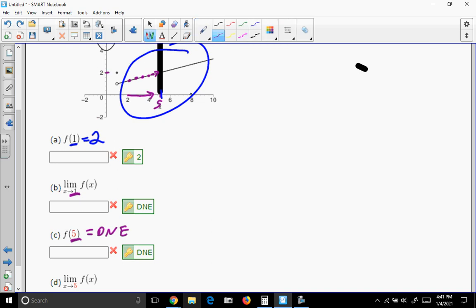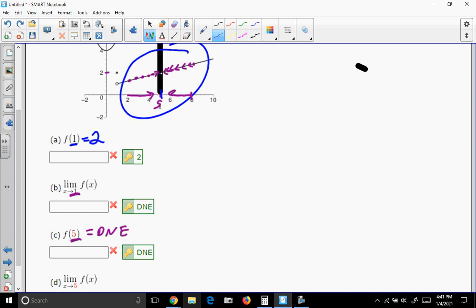Now let's start over here. If we put a point over here into our function, our answer is up here. And then as we let our x value get closer to 5, our answer is going to be getting lower and lower and lower until we get closer and closer to this point.